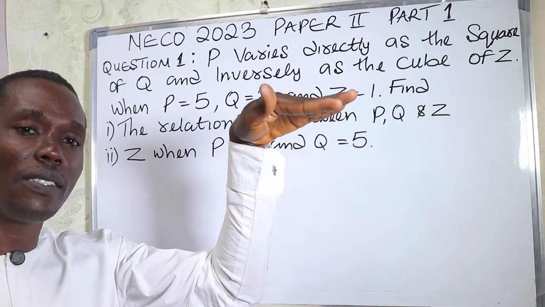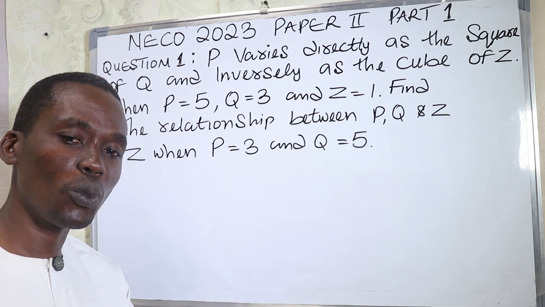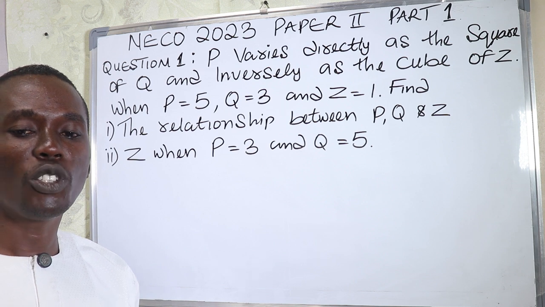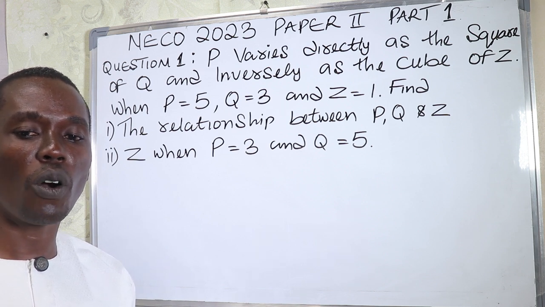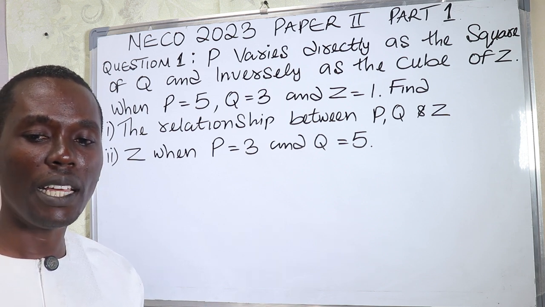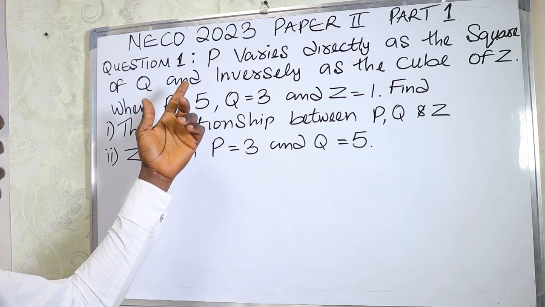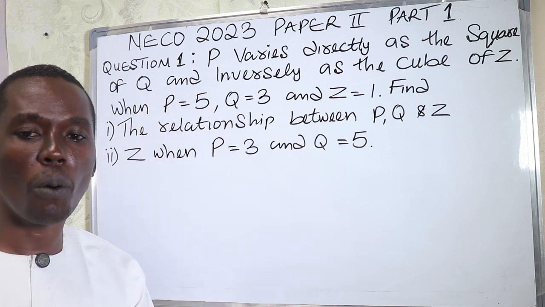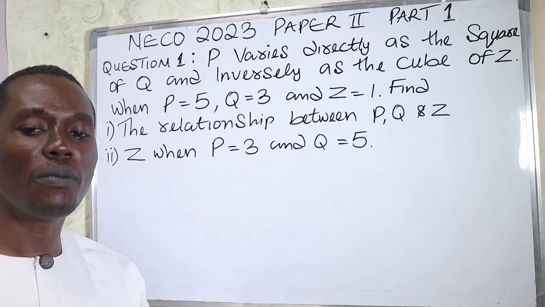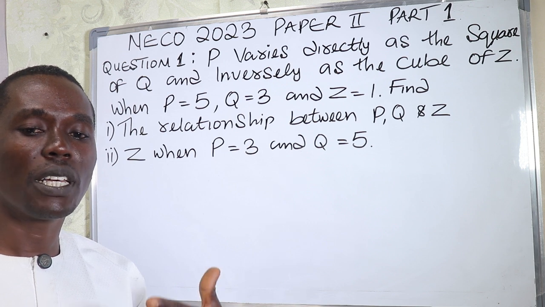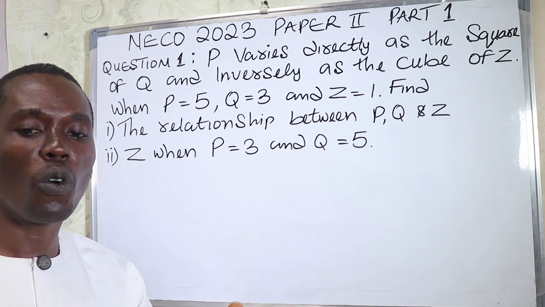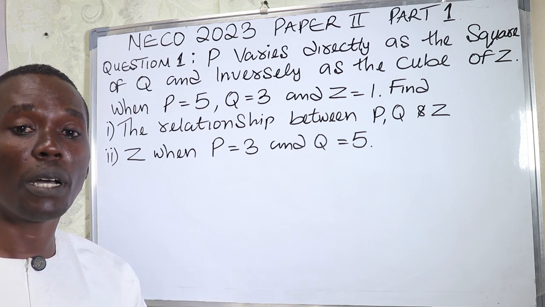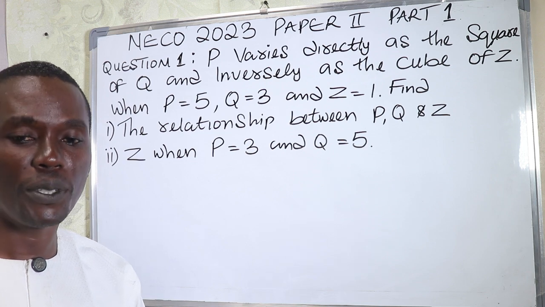Inversely means as this increases, the other decreases. Now, this one has to do with what we call direct and inverse variation combined. When we say something varies directly with 2 or more quantities, then we should be talking about joint variation.